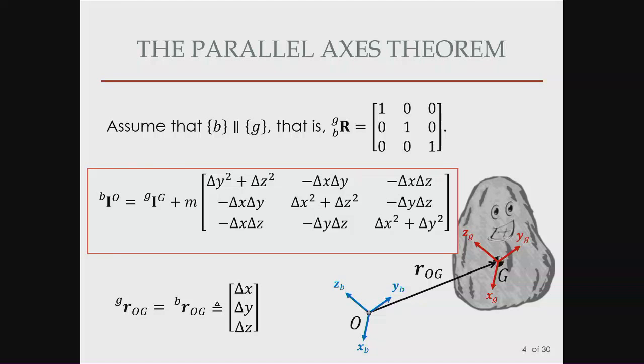Will you be able to calculate the inertia tensor about some point, given the inertia tensor about the center of mass, using the same frame, if you are given this vector, or if you can calculate this vector ROG in that frame?